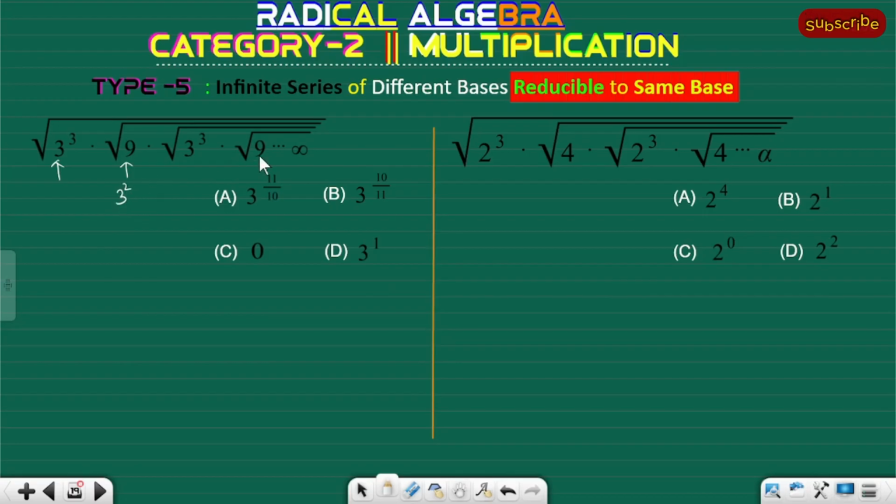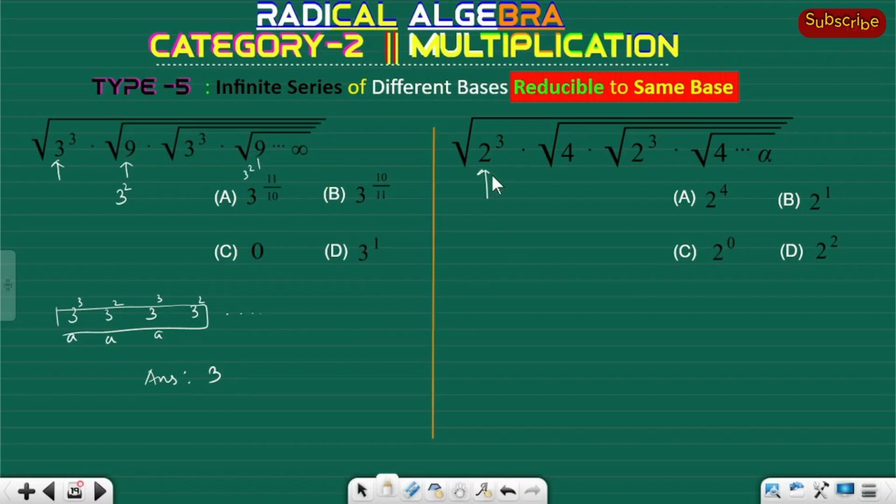We can reduce this as 3 square, right? So we can write like this: 3 cube, 3 square, 3 cube, 3 square, dot dot dot. This is A, this is A n minus 1, right? So the base is 3, so the answer is 3.